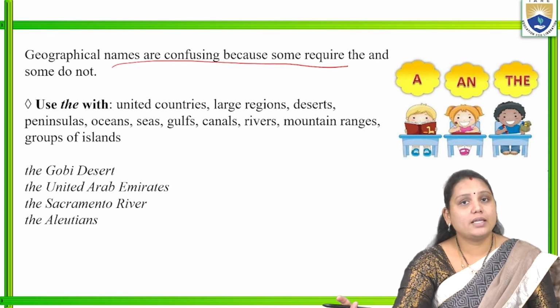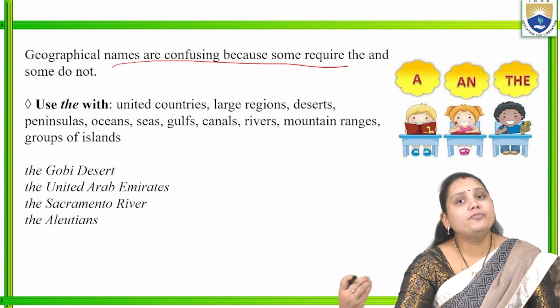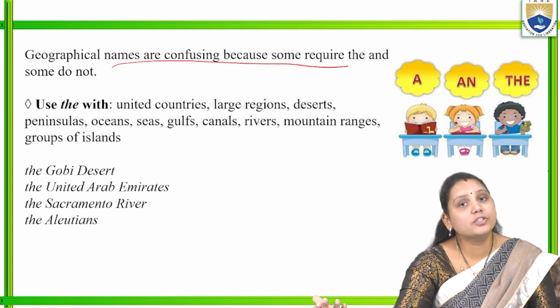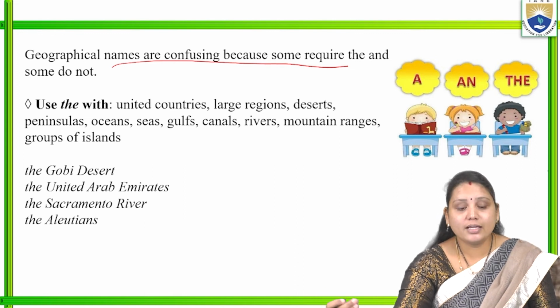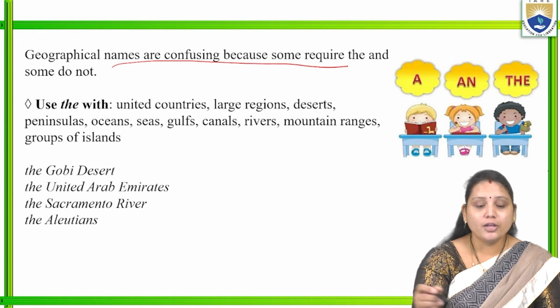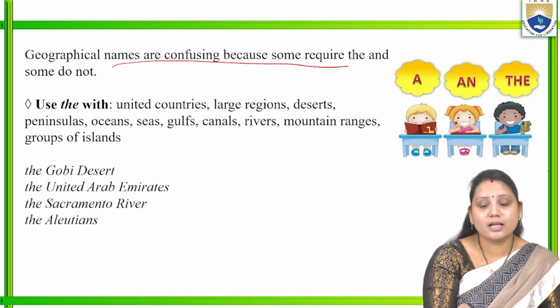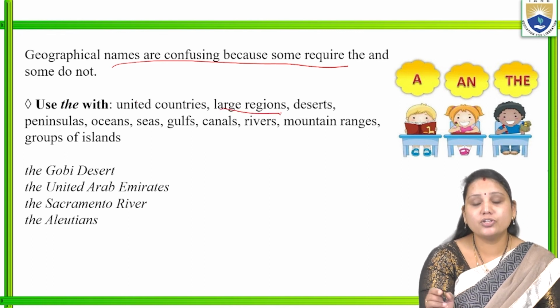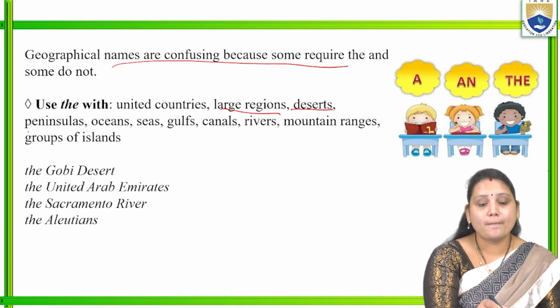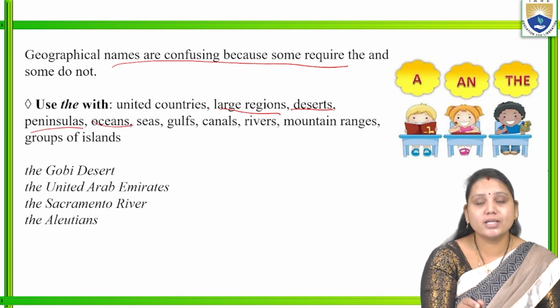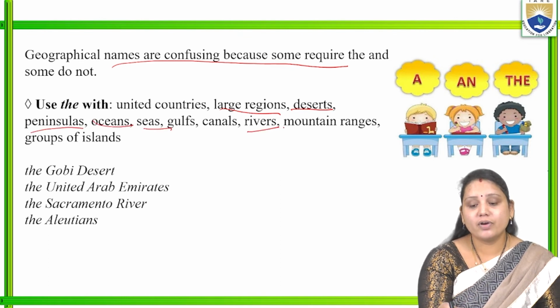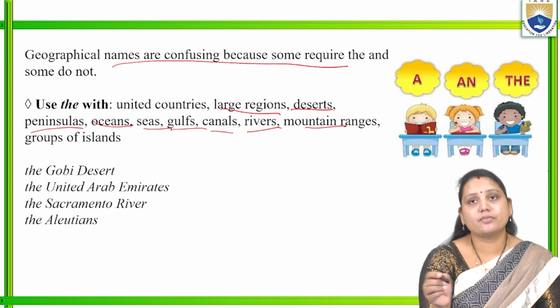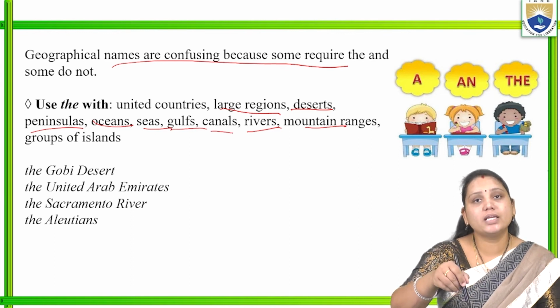Mostly it happens. For which places we have to use the and for which places we should not use the, let us see with some examples here. Use the with United Countries, large regions, deserts, peninsulas, oceans, seas, rivers, mountains, gulfs, canals. For all these you will be using the.